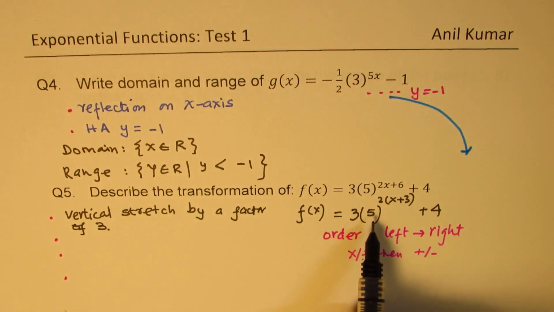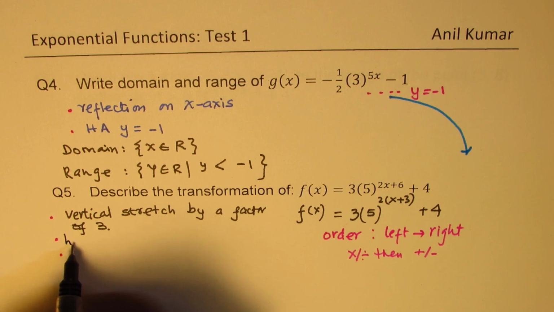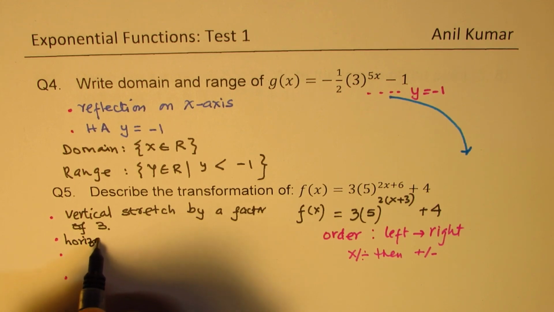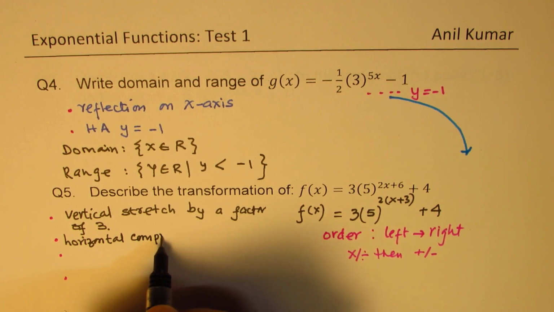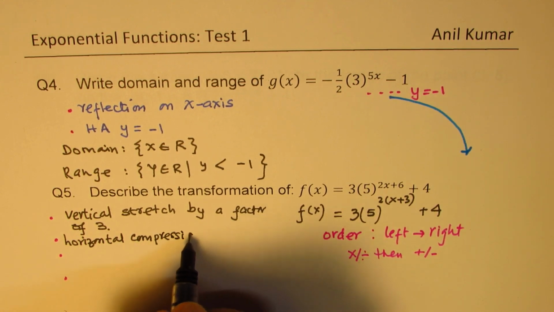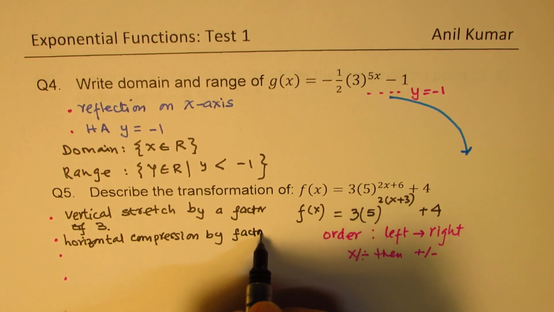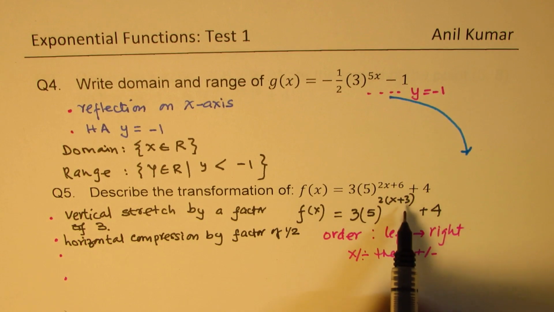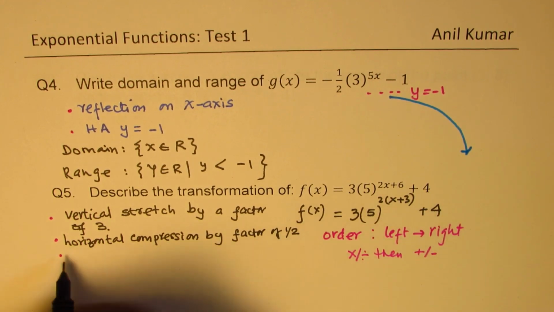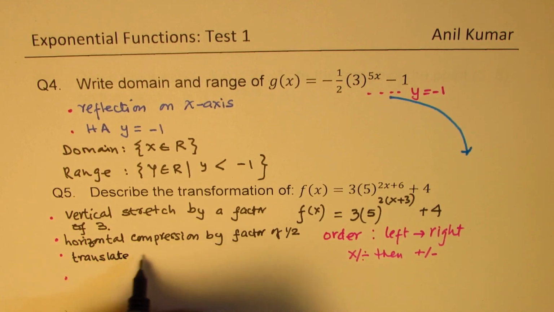Okay, the second one here is horizontal compression by a factor of one over 2, and this 3 means translate 3 units, which side?